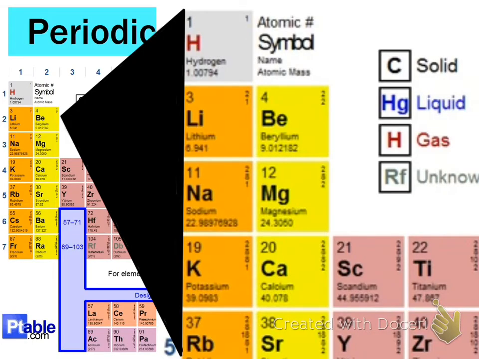I zoomed in on a little section of the periodic table here. Let's look at, say, lithium. If we want to know how much 1 mole of it weighs, we look at the atomic mass and round it to 2 decimal places.